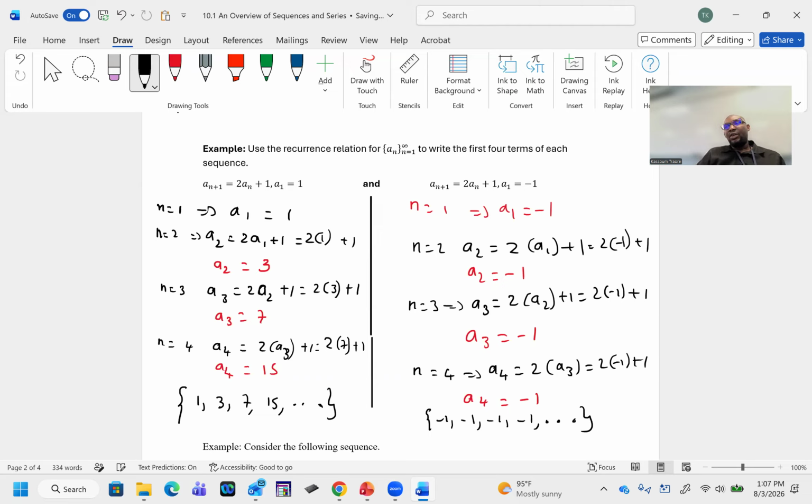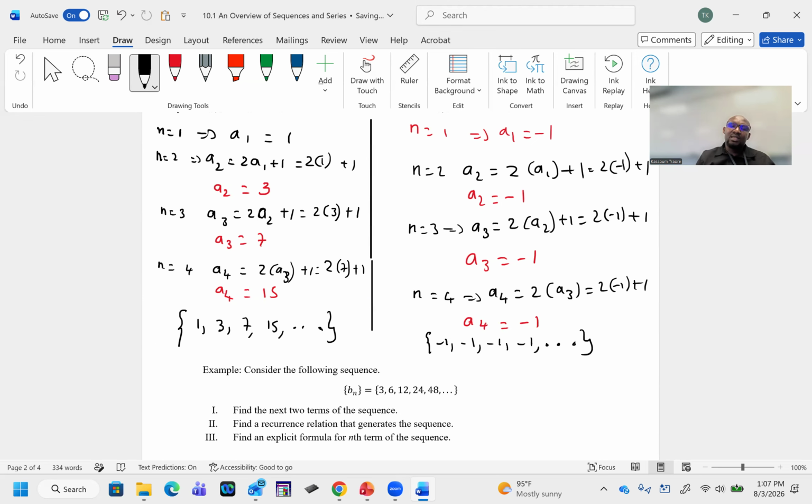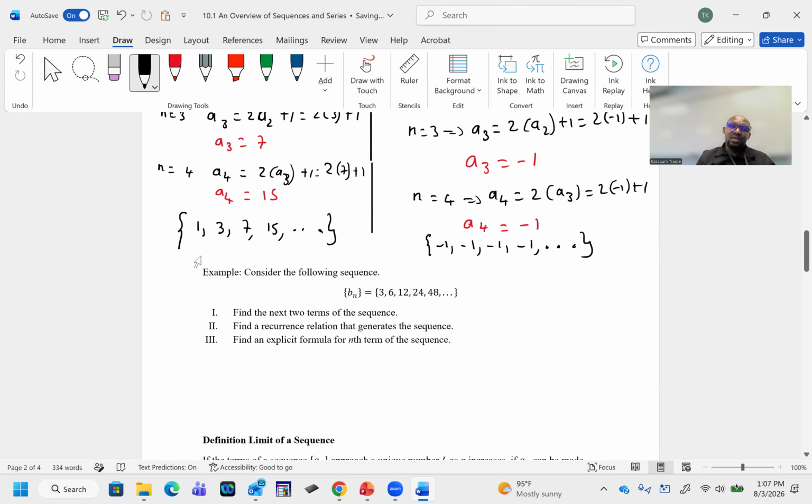So we see that the terms of the first sequence increase without bound, while all terms of the second sequence are -1. So you can see the initial term of the sequence may determine the behavior of the entire sequence. Let's move to the next one.